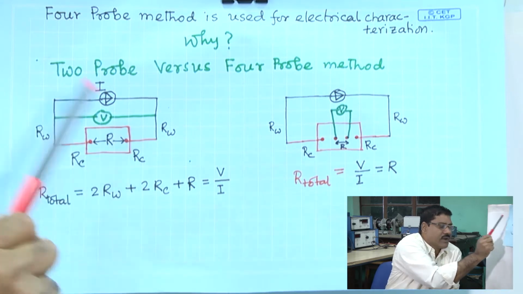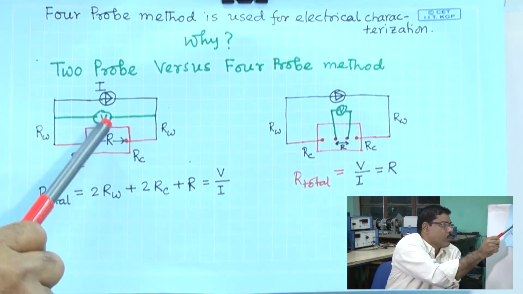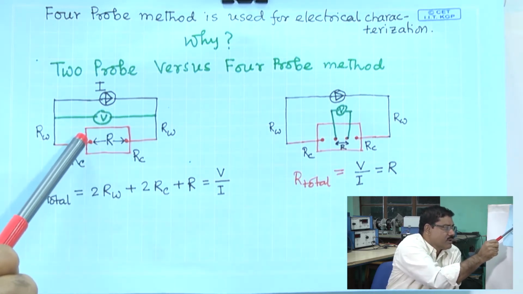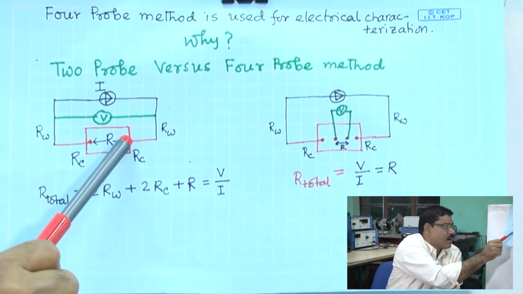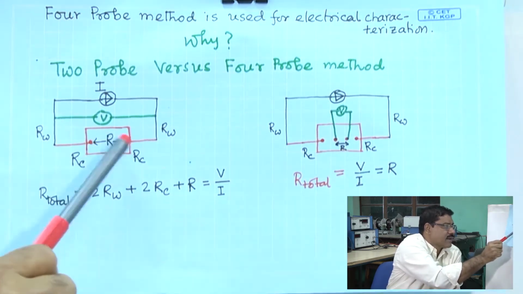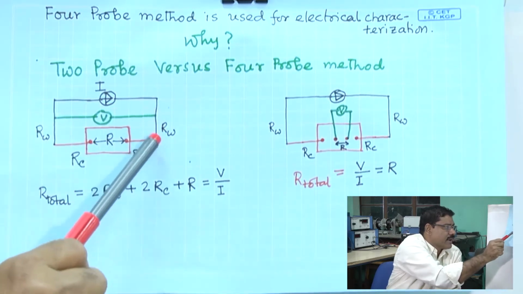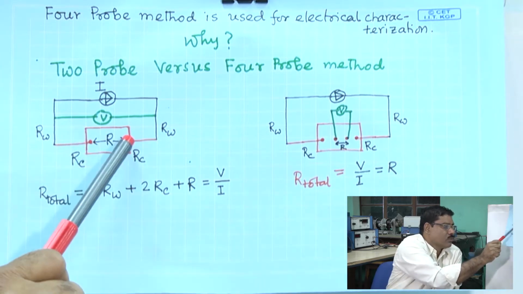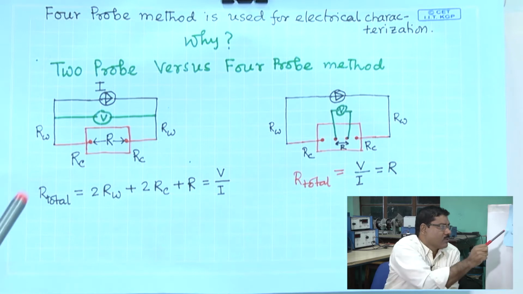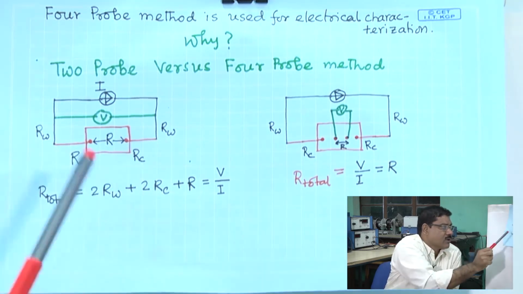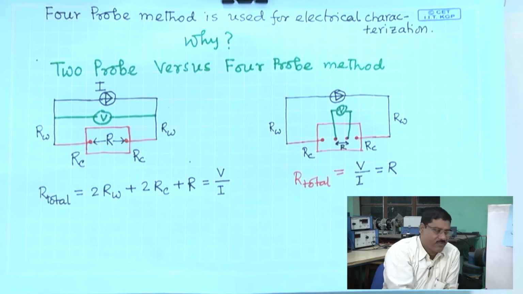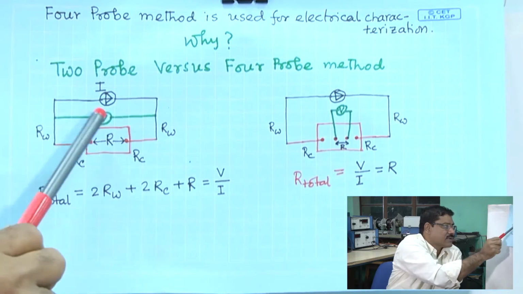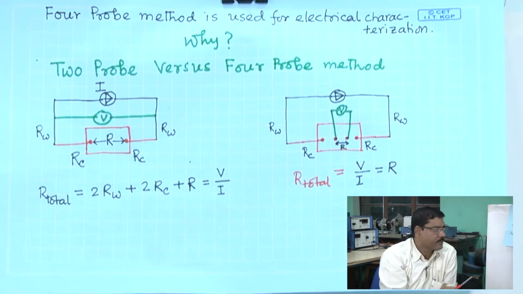For measuring the voltage, we connect a voltmeter across this sample, using the same connections. So, with the sample there are two contacts, one here and another here, and using these 2 contacts we are connecting the constant current source as well as the voltmeter.